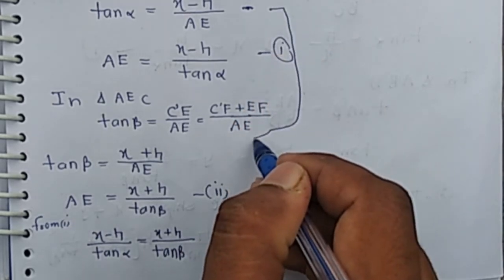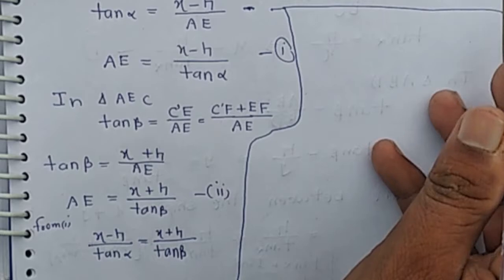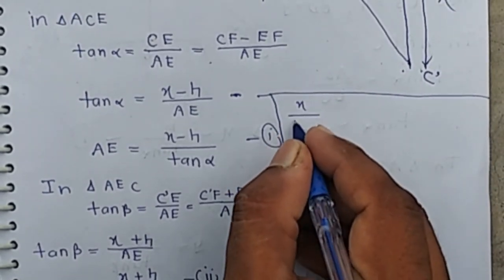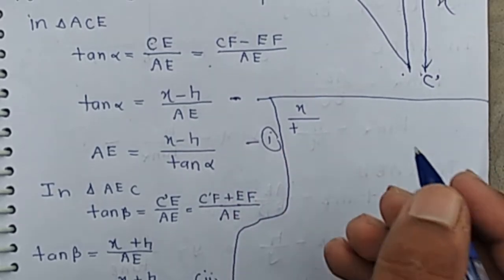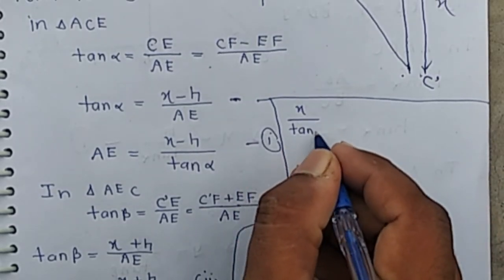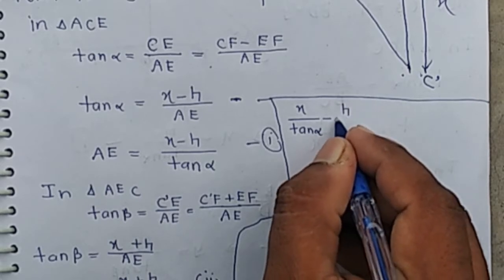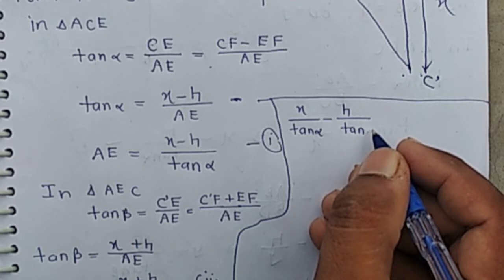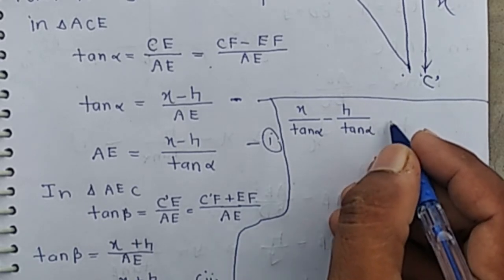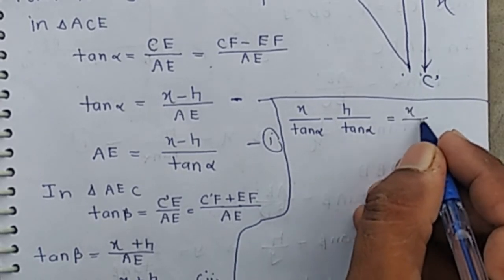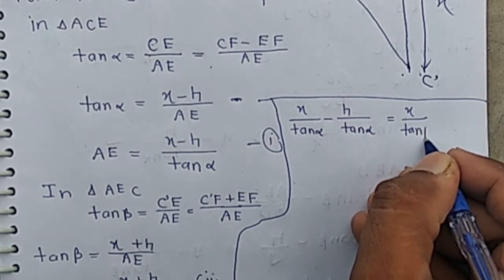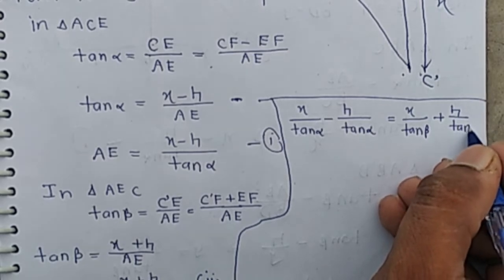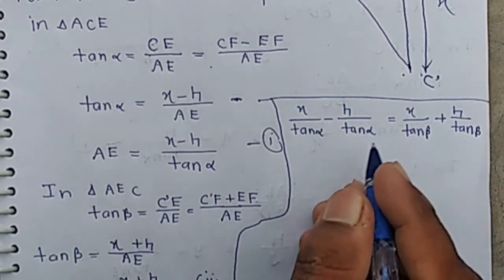Now break it into two parts. We get X by tan alpha minus H by tan alpha equals X by tan beta plus H by tan beta.